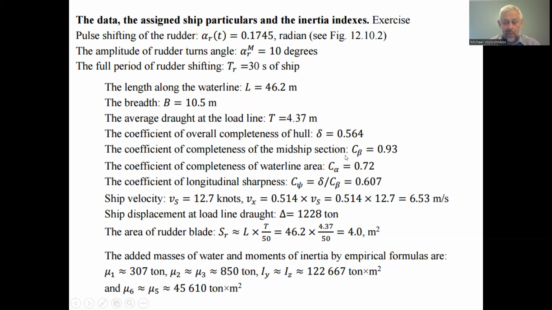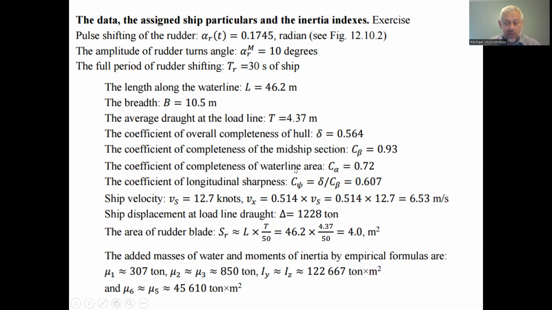This is a coefficient of completeness of the midship section. This is the proportion of the area of the submerged transverse section of the ship to the area of the rectangle with the sizes of the ship breadth and draft.